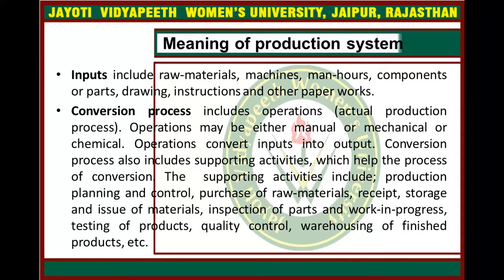The conversion process also includes supporting activities, and these activities help the process of conversion. The supporting activities may include production planning and control, purchase of raw materials, receipt, storage and issue of materials, inspection of parts and work in progress, testing of products, quality control, warehousing of finished products, etc.